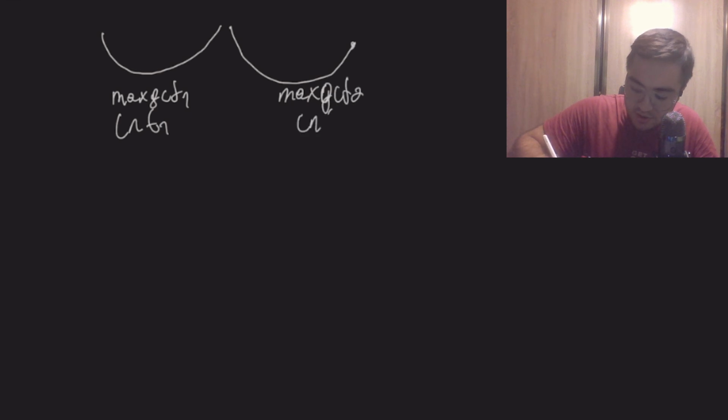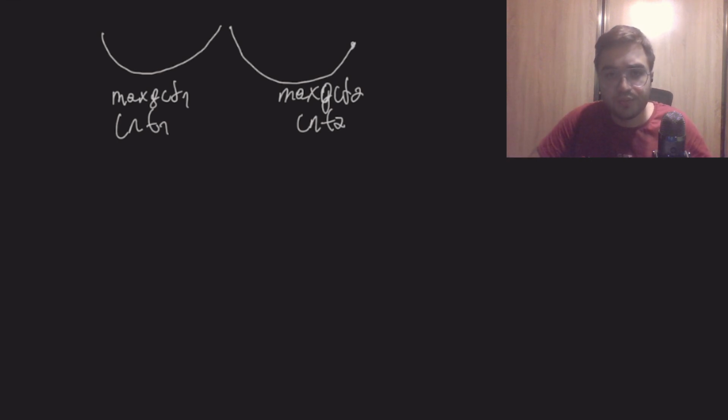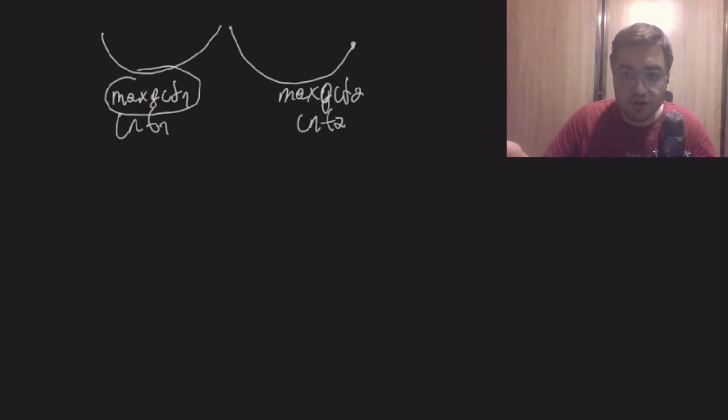So these two halves are actually going to give us some max GCD1 and some CNT1. And the second one is going to give us max GCD2 and some CNT2. This is just the count of the max GCD. Okay, so at first we can just understand what is the current answer. If max GCD1 is bigger than max GCD2, then from the information we have currently, max GCD1 is the bigger one.